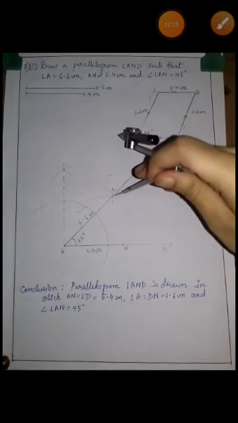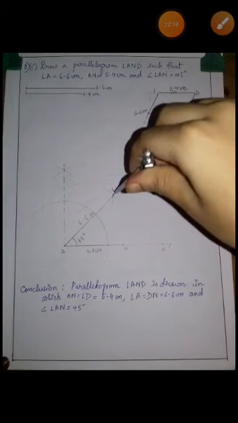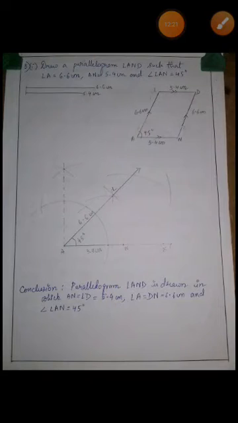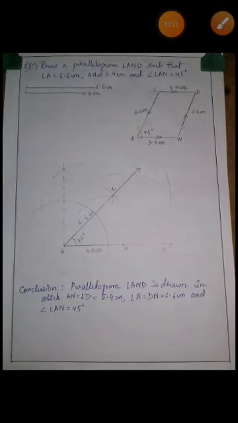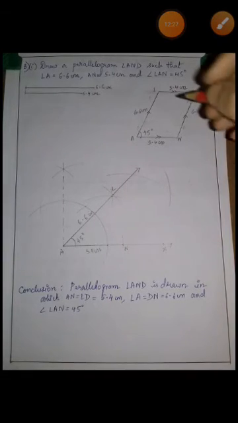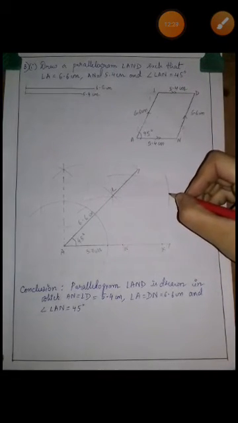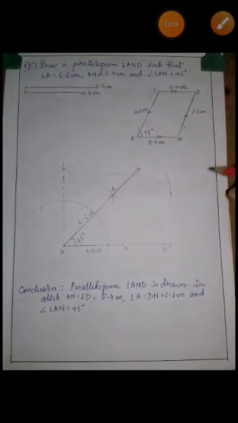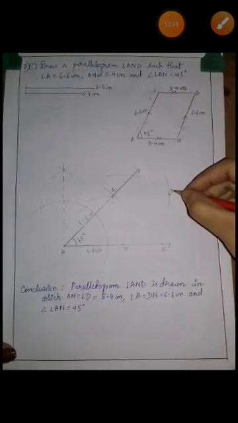Then place the pointer at L and cut. Now you will have to mark the point of intersection as D.